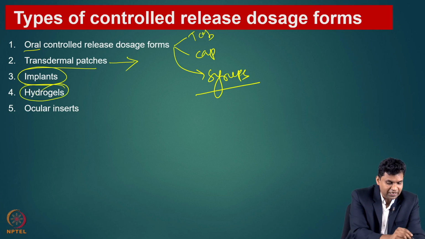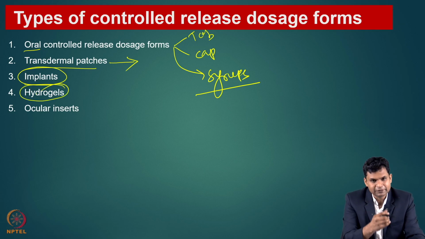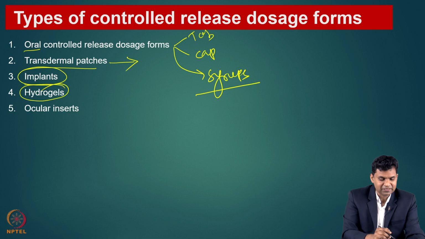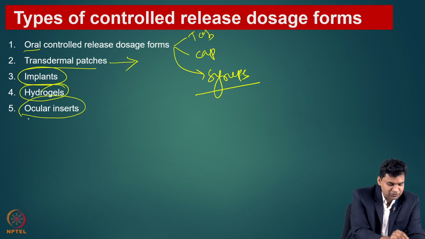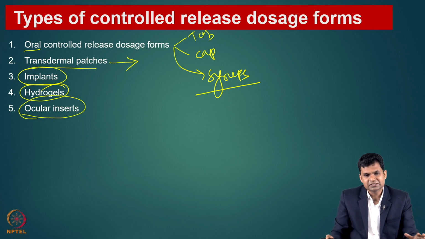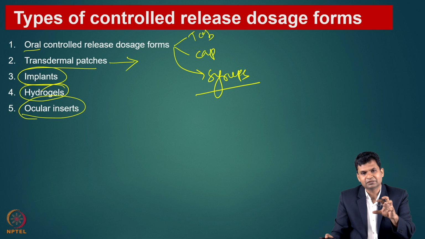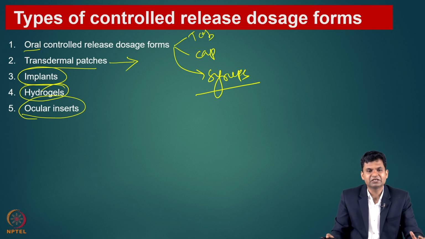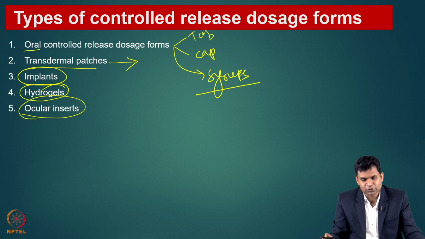We can make hydrogels, where the polymer should have water holding capacity, and these systems can also be used as ocular inserts. And these examples are not the only ways of converting your formulations into finished dosage forms.